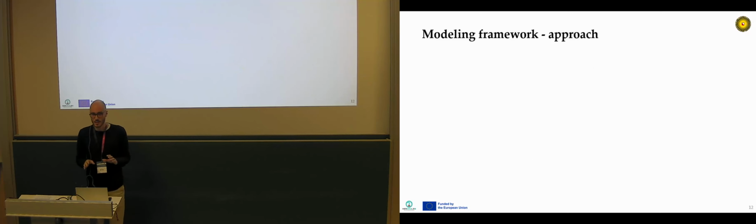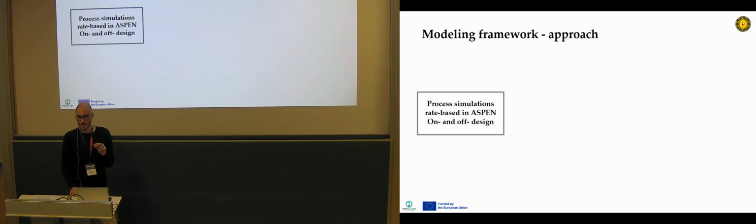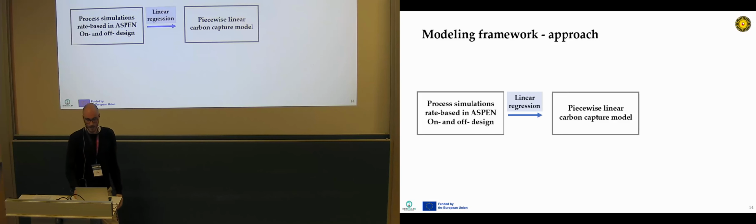And let's now look at the approach that we're having. So the idea is that we start from detailed process simulation. So we performed multiple rate-based simulations in Aspen. And these simulations are both on design and off design, so to account for some variability that is not considered in the initial design.